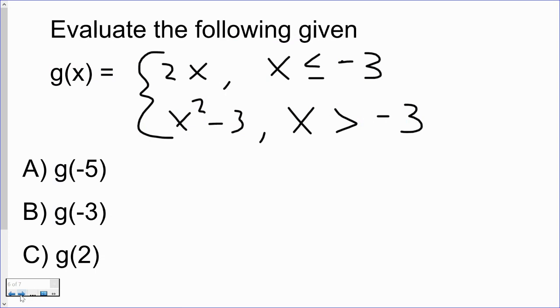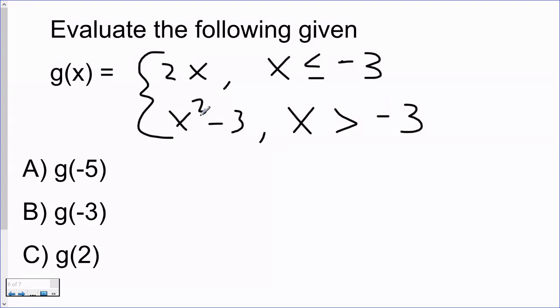Last one, this is what we call a piecewise function. This is saying the graph will look like the line 2x only when my x values are equal to -3 or smaller. So if I ever have a problem where it's less than -3, I'm going to use this function. If I have a value of x that's bigger than -3, I'm going to use this quadratic.